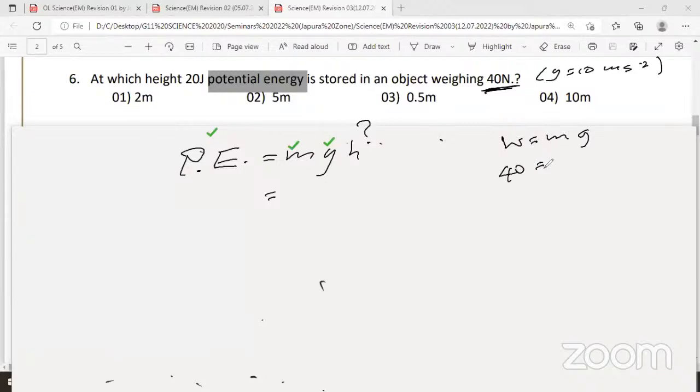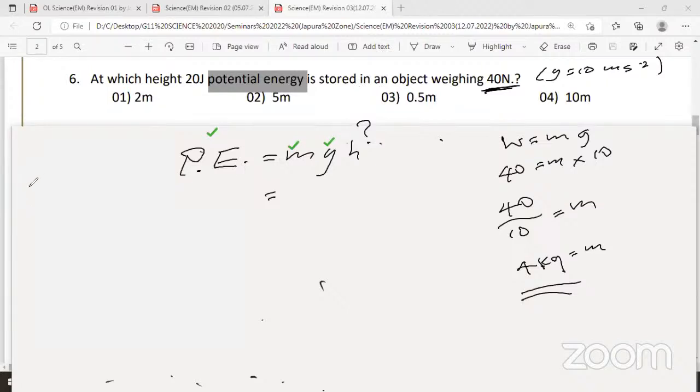40 Newton, mass we don't know. g is 10. So 40 divided by 10, you get how many kilograms? 4 kilograms. So you have to convert weight into mass by dividing by 10. This is valid on the earth, not on the moon or some other planet, since gravitational acceleration is approximately 10 on the earth.